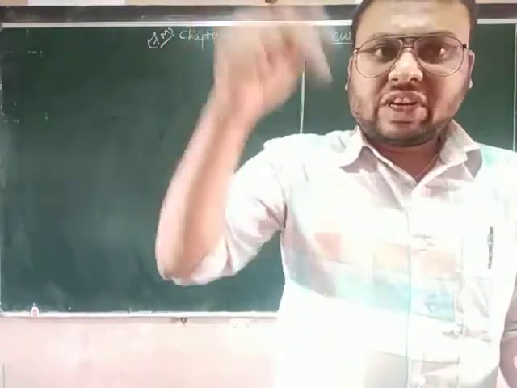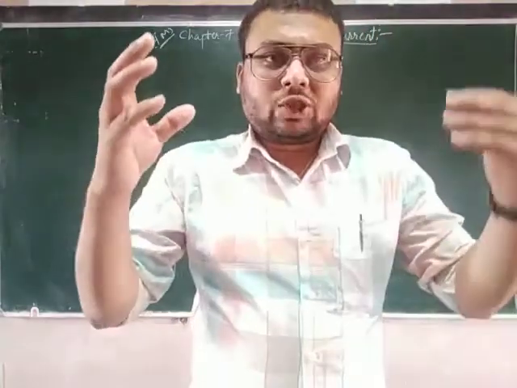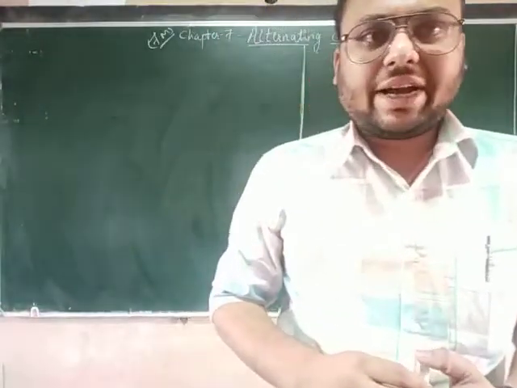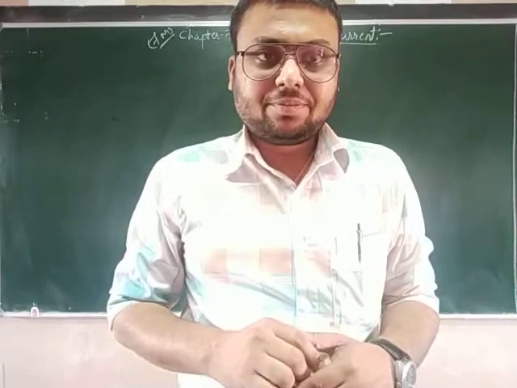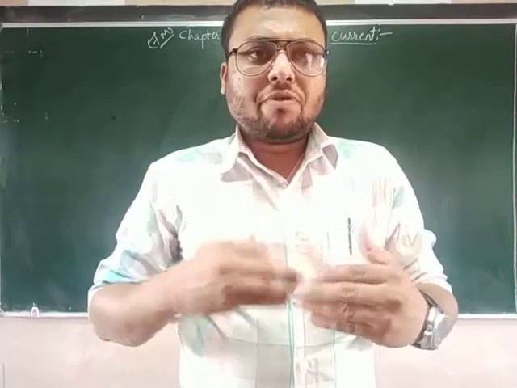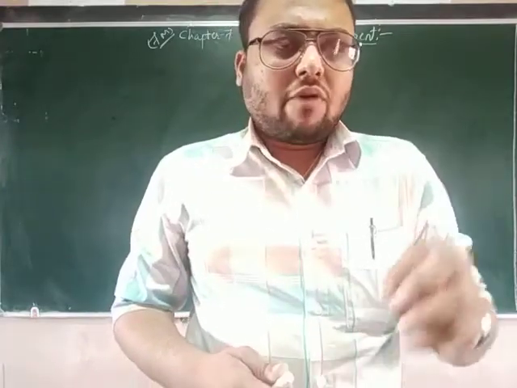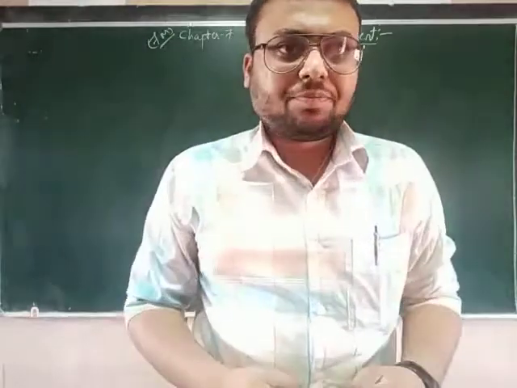In chapter number 3, current electricity, whatever topics we study are all related to direct current. And one more is alternating current. Before going into the depth of this chapter, I want to say something basic for your knowledge.